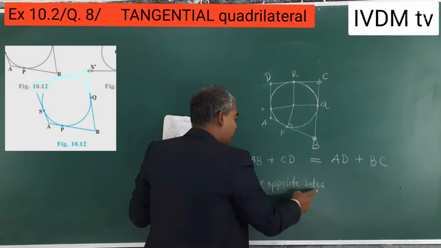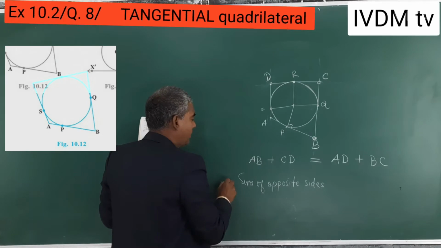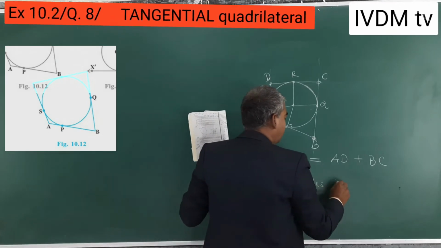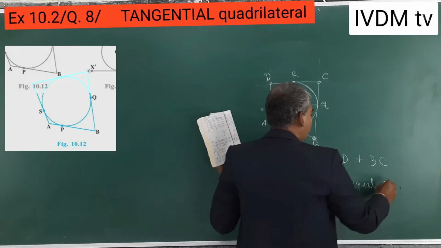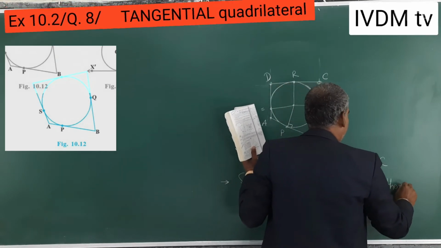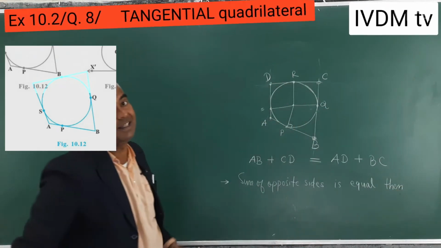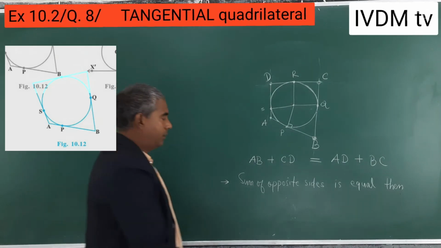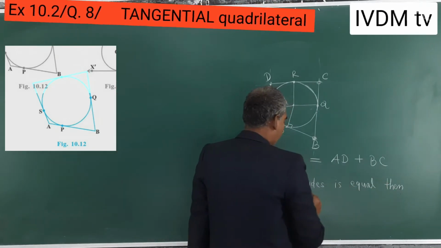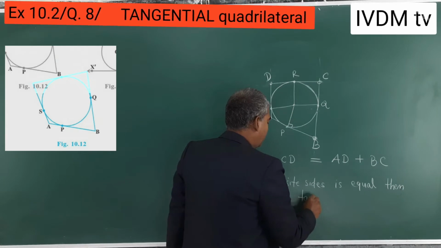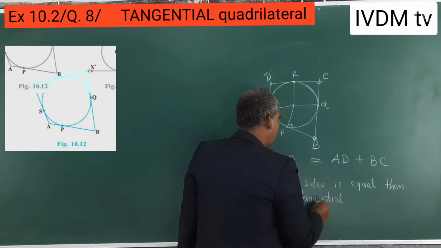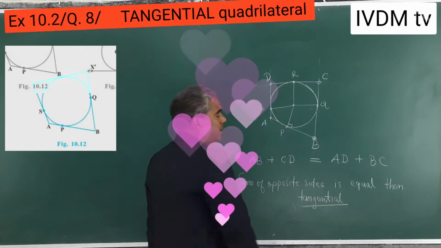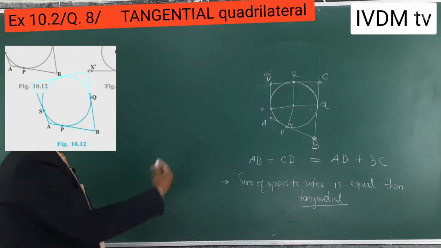If the sum of the opposite sides is equal, then the quadrilateral is tangential. Tangential means you may have a largest circle in it. So this is the question.